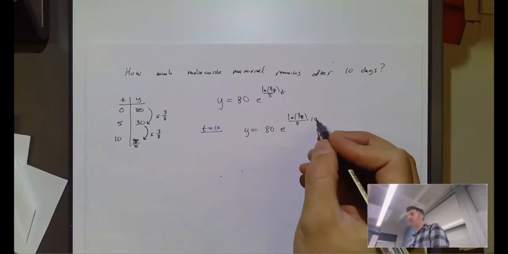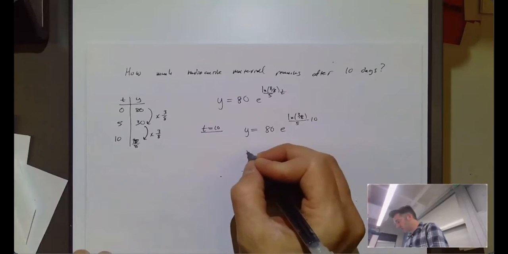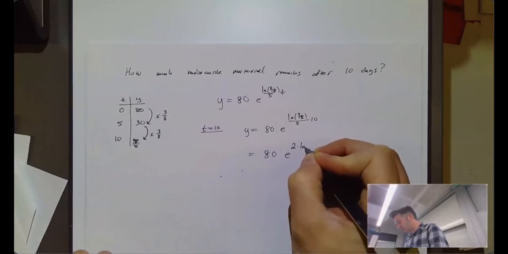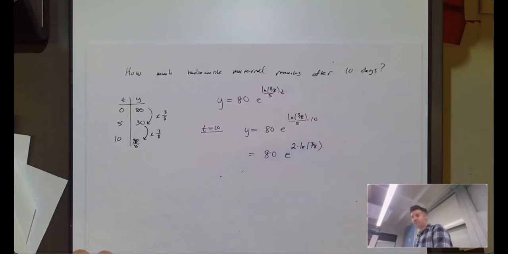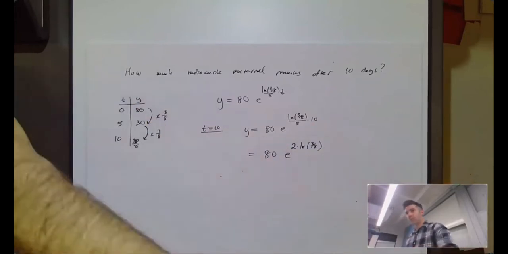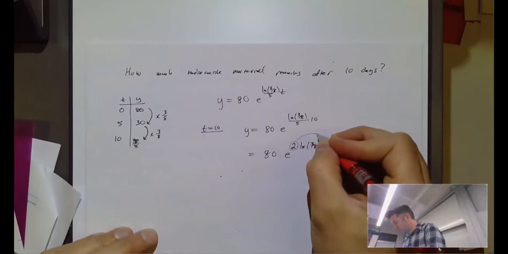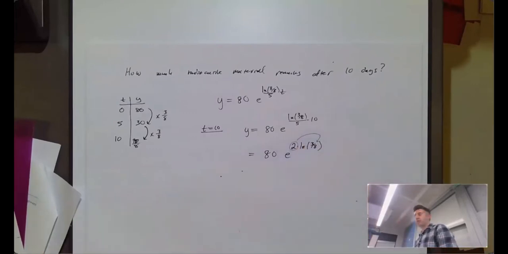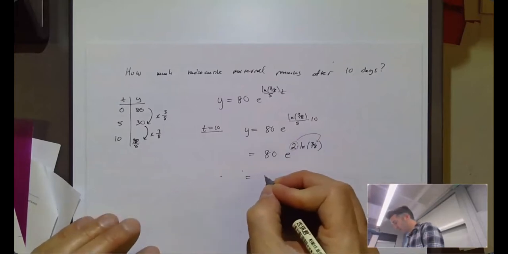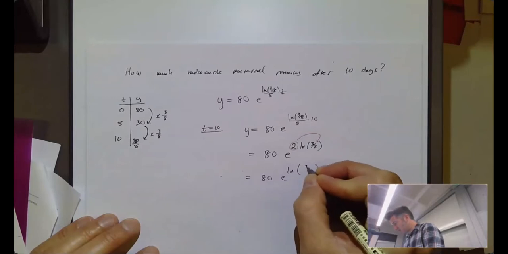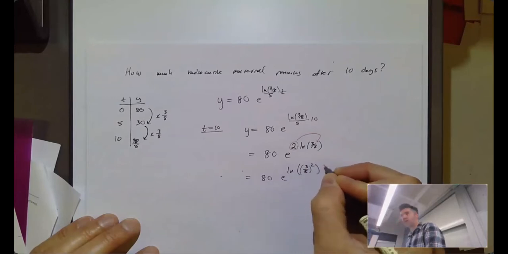So 10 over 5 is 2. So I can rewrite this as 80 times e to the 2 natural log of 3/8. Then that 2 can come up here as the power on 3/8. So I can rewrite this as 80 times e to the natural log of 3/8 squared.